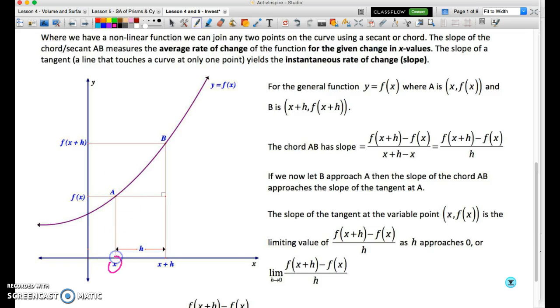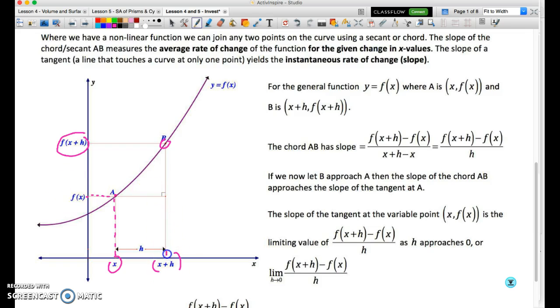And so I'm choosing some x value which, substituted into the f of x equation, will yield the y value f of x. I then mark a second point on the function, point B, and for its coordinates I'm going to say x plus h, where h represents the distance between these 2 points, x and x plus h, and that will yield a corresponding y value of f of x plus h.